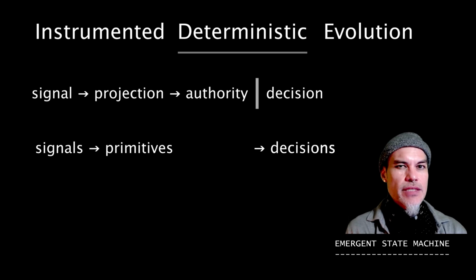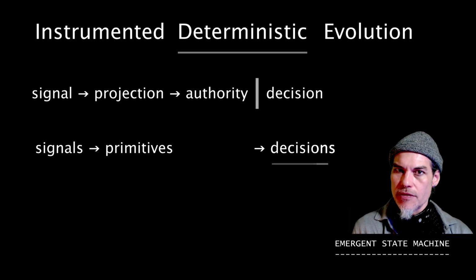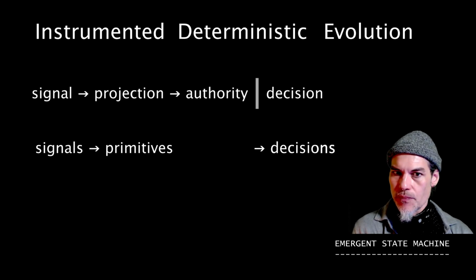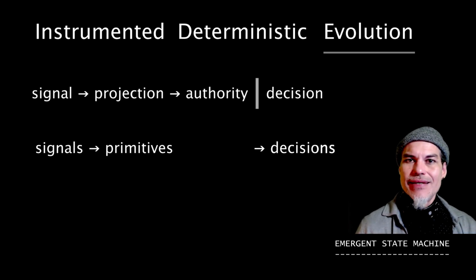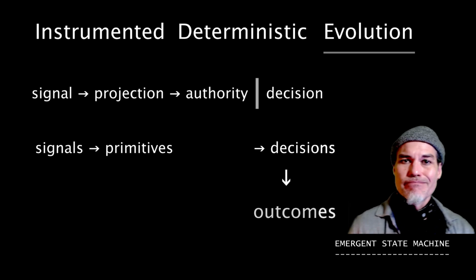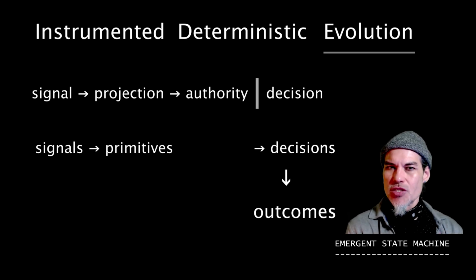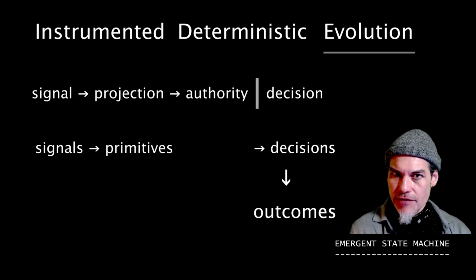It's deterministic in that the same signals produce the same decisions. This means system behavior becomes reproducible. Evolution happens because primitives can be studied and improved over time. In other words, once decisions are structured this way, you can study your system scientifically.